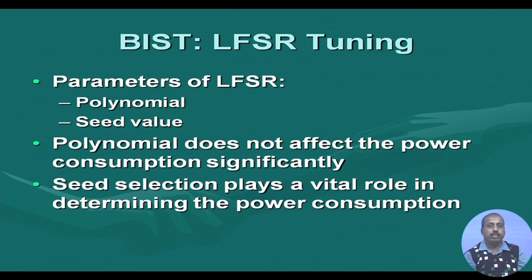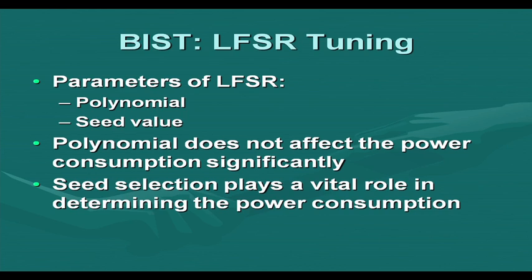Which seed we put into the LFSR affects the power consumption, because of the 2 power n minus 1 patterns in the maximum length LFSR in its state transition graph, putting different seeds will explore different parts of the cycle.